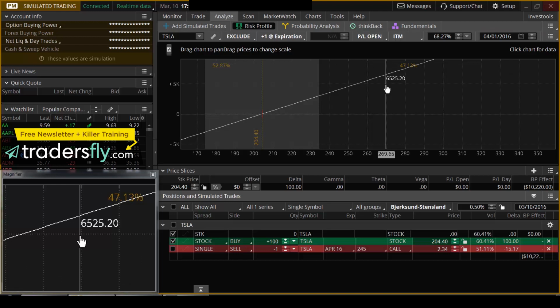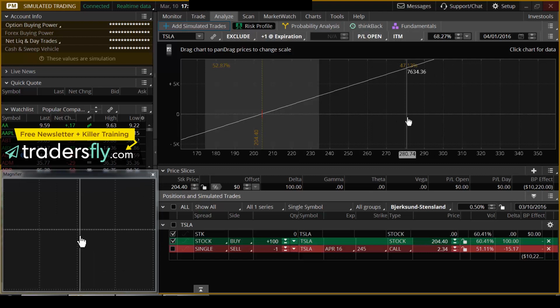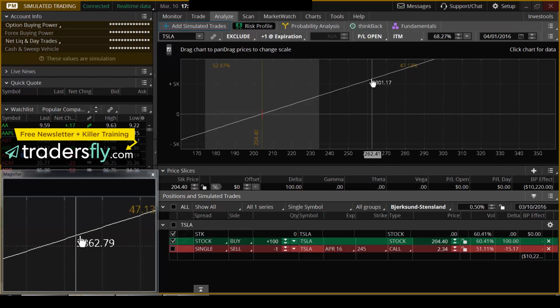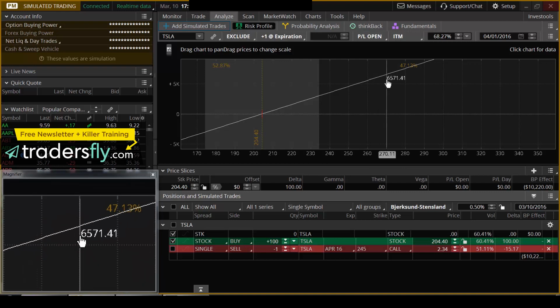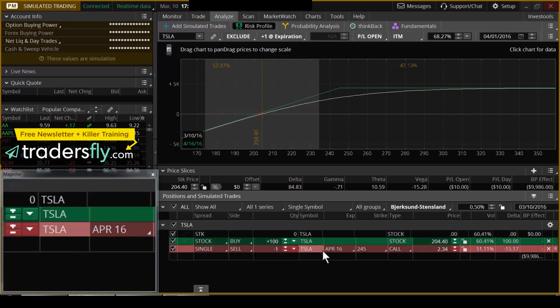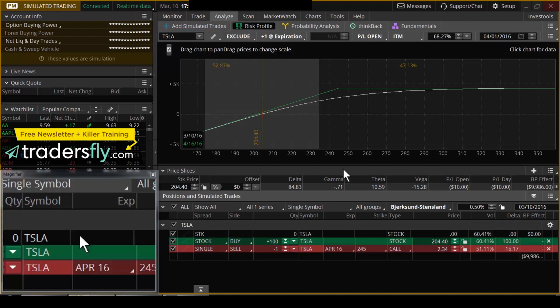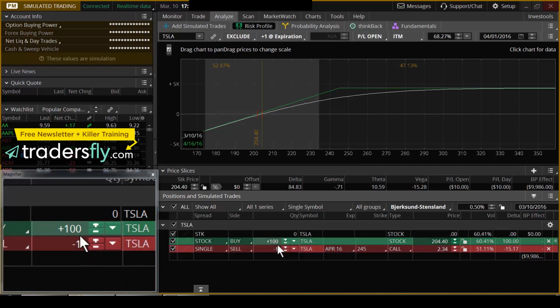So the likelihood of it getting to, let's say, 270 in the next, how many days do we have? 36 days is slimmer, right? So if we get to 270, I could have made 6,500. But unfortunately, if you sold that one contract, which is 100 shares, one contract is 100 shares.